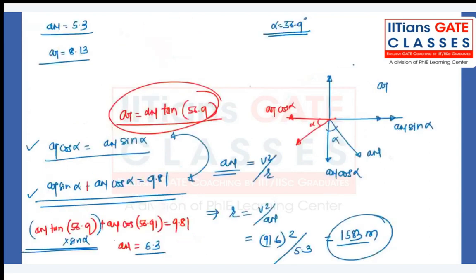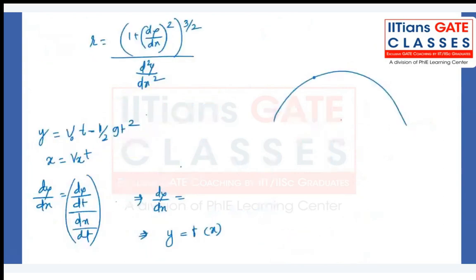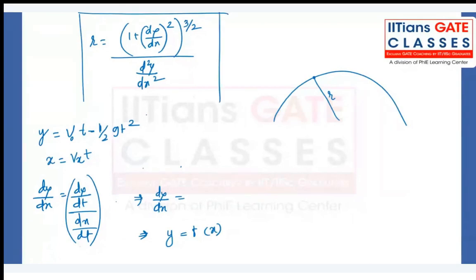Process wise, I don't think it is wrong, but maybe a little time consuming compared to what we explained before, because I was not aware of this formula. It's good that you remember it and we can apply it here, but it is a little more complex: finding dy by dx, then integrating it to get y, and then again differentiating it. But this method is also correct, and it's good that you are getting a similar answer.